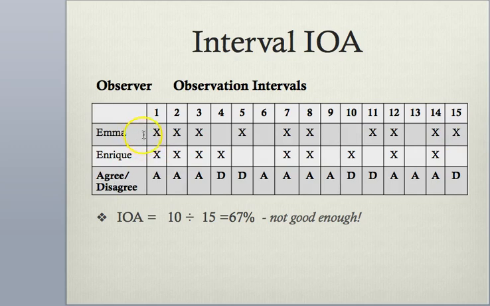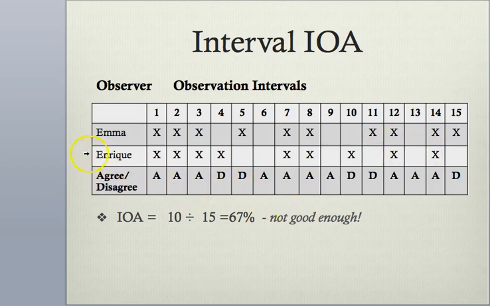Emma, here you can see she has 1, 2, 3, 4, 5, 6, 7, 8, 9, 10 intervals in which she saw the behavior occur, 5 in which it did not. Enrique has 1, 2, 3, 4, 5, 6, 7, 8, 9 intervals where he saw it occur.